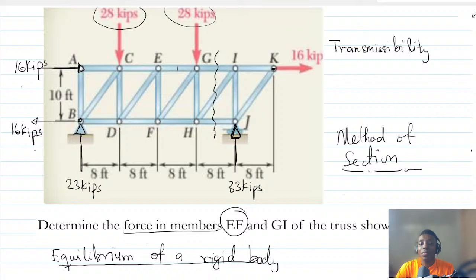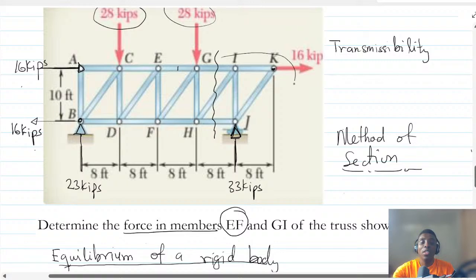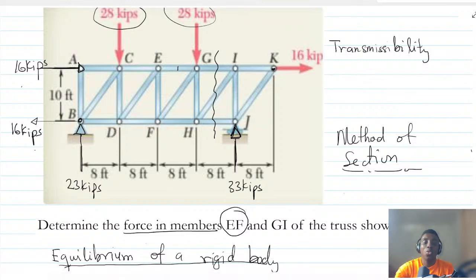If we decide to go through like this, it means that we will cut all of this whole portion away, and then we will be left with this small portion here. So let's take that small portion.